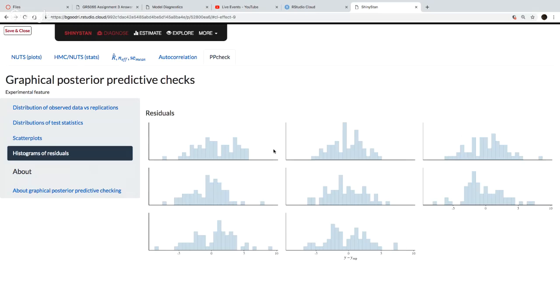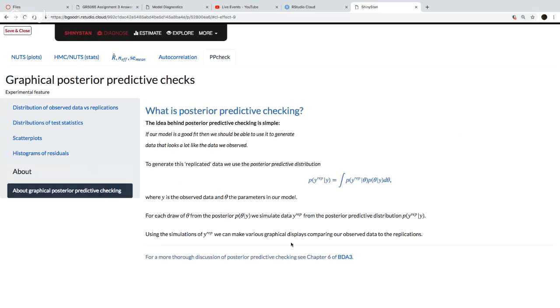Here, it does not really look normal, which is one of the things that your model would be assuming. But anyway, you can get more information on those things from that tab.